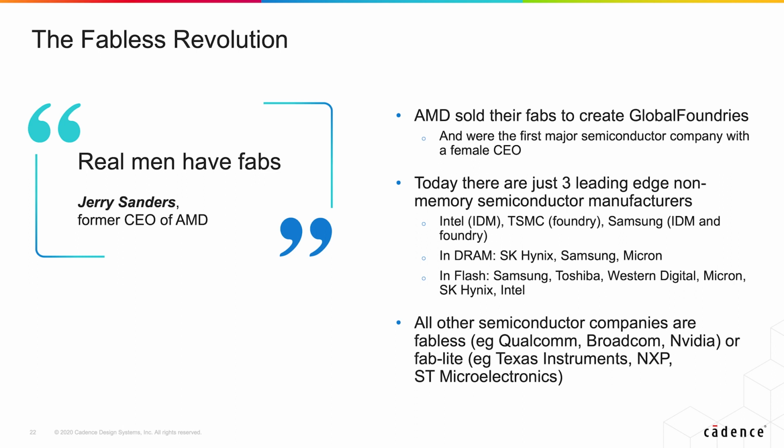All the other semiconductor companies are what we call fabless. So you may have heard of Qualcomm, who make chips that go in phones, Broadcom, NVIDIA, who makes graphics chips and graphics cards. They're called fabless, obviously, because they don't have a fab. And the way they get their chips manufactured is they go to foundries.